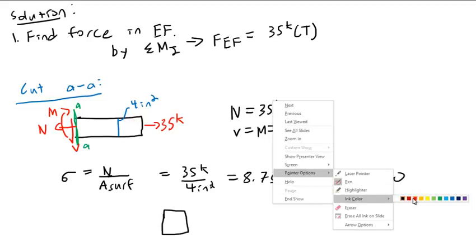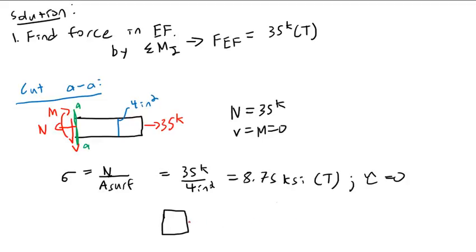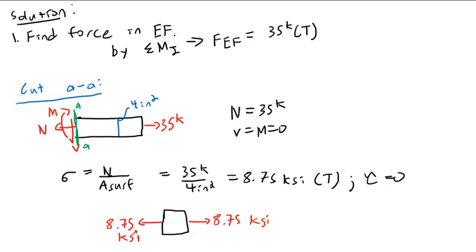If I draw the stresses on here, I will see 8.75 KSI and 8.75 KSI, like shown. You got that? Okay. So 8.75 KSI tension and tension alone on this section.